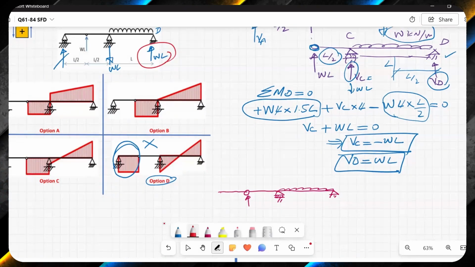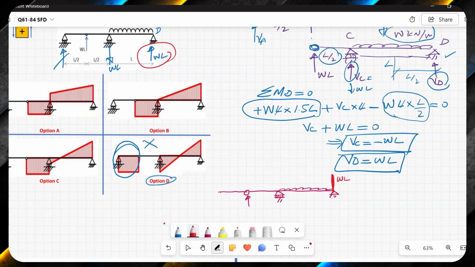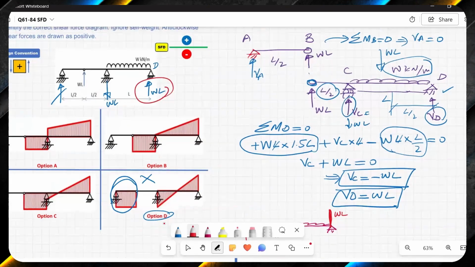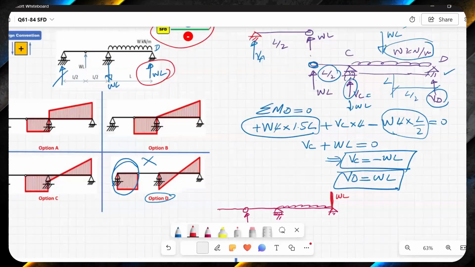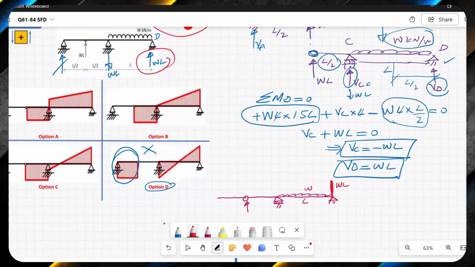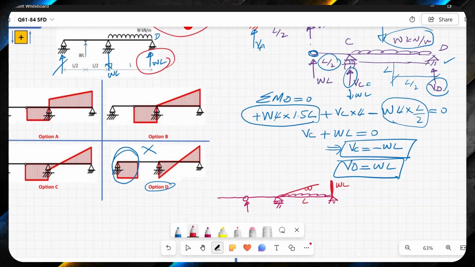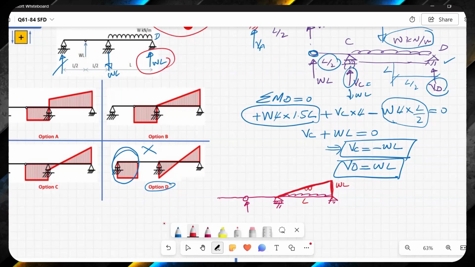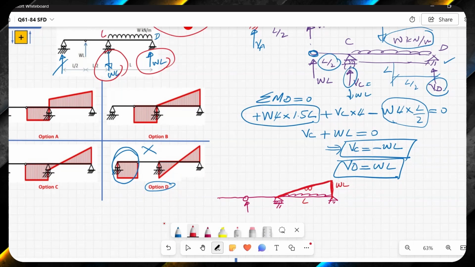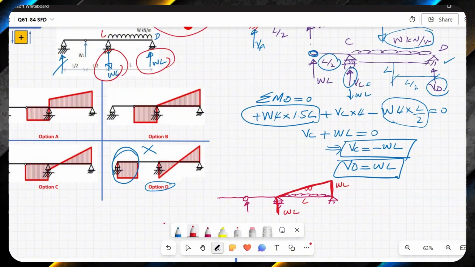At D I have WL, and positive forces are drawn upwards using this sign convention, and I have this W, I have this L. So WL positive, take away WL. So if I take away WL, it will bring it over here. After that, I have a negative WL at joint C, call this C, then it will go down by WL, and between the roller support and here it is WL at the pin.